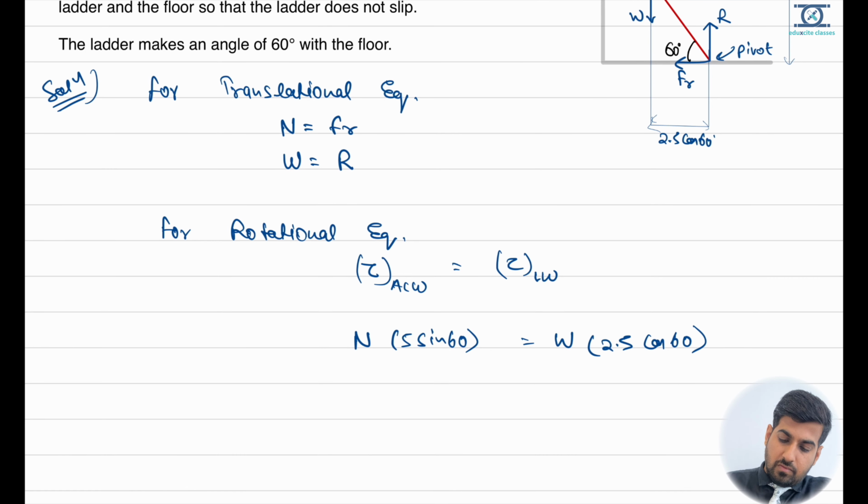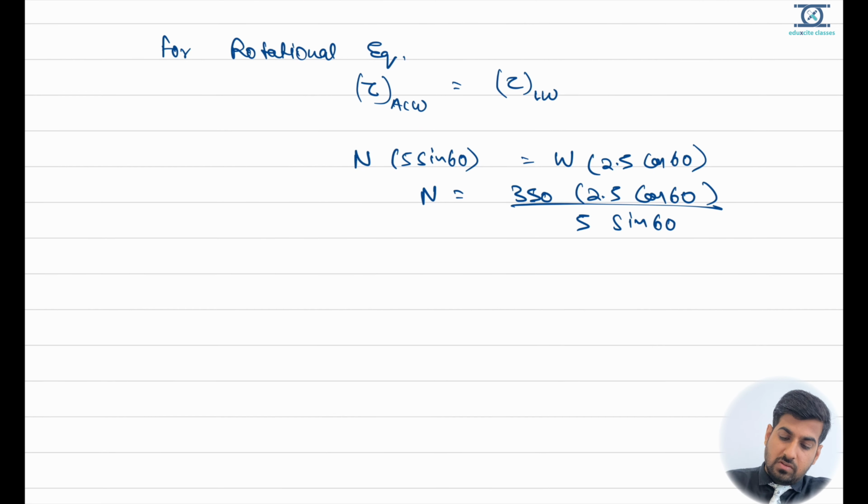So the normal reaction force is 350 times 2.5 cos 60 upon 5 sine 60. Now when you put the values in your calculator, N comes out to be something near 101 Newton, right?